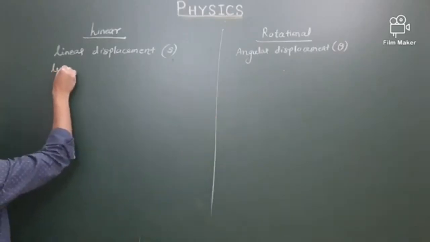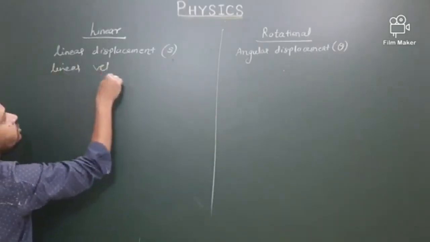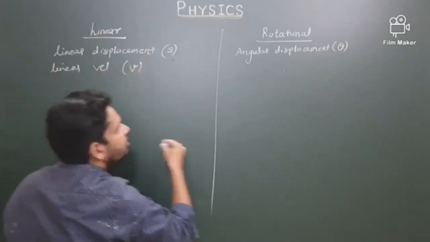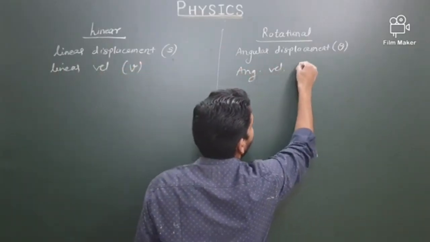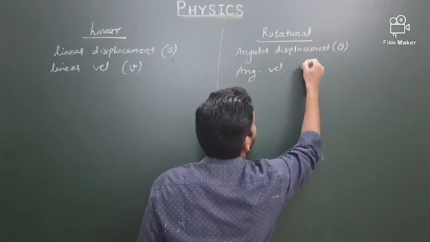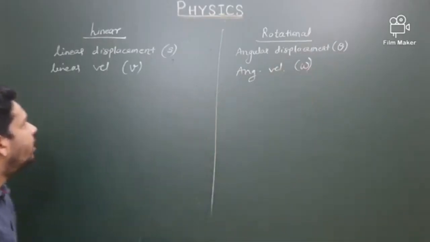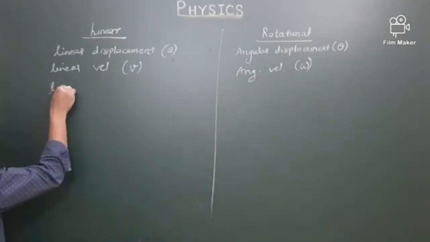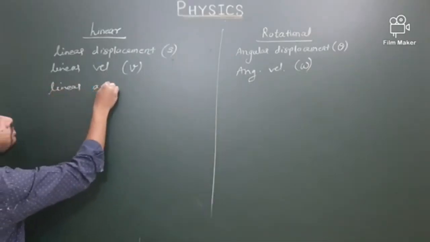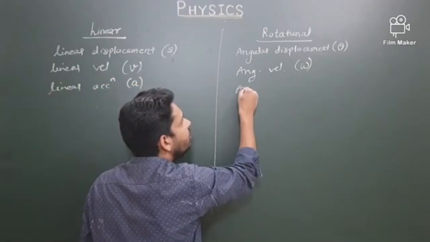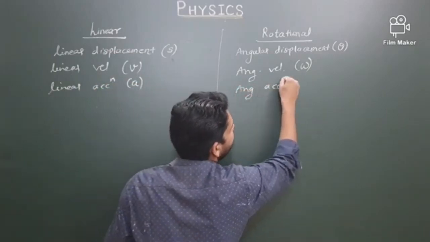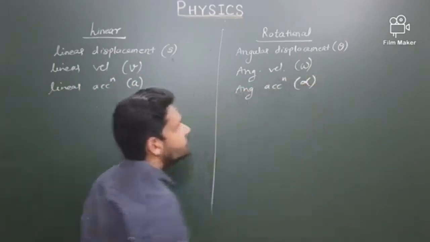Then linear motion has linear velocity, its symbol is v. Now rotational will have angular velocity, its symbol is omega. Okay? Now linear motion has linear acceleration, a. Now rotational motion will have angular acceleration, alpha.